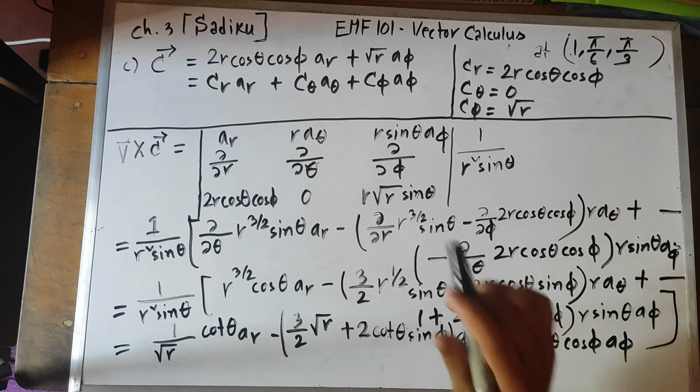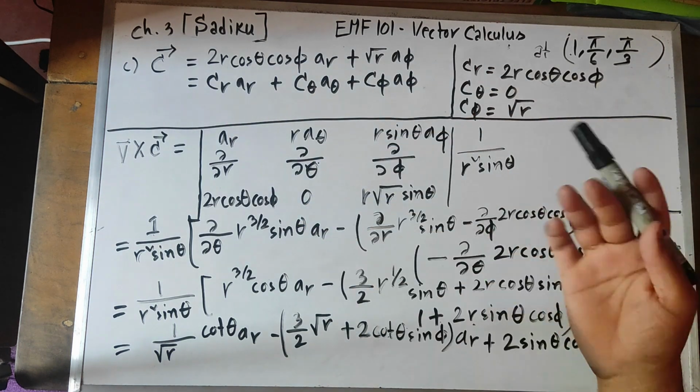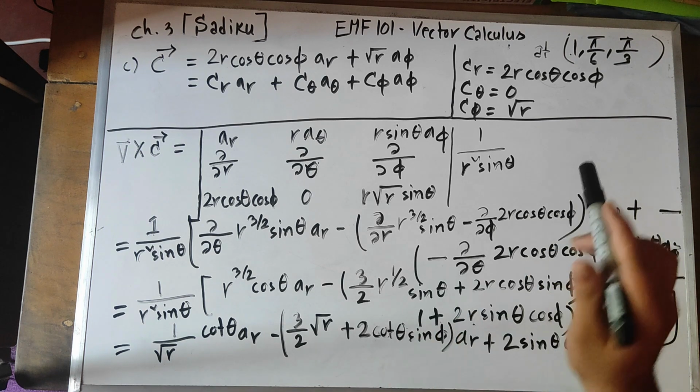So this is the curl of the vector c, which is in the spherical coordinate system. Now we find the curl at this point.